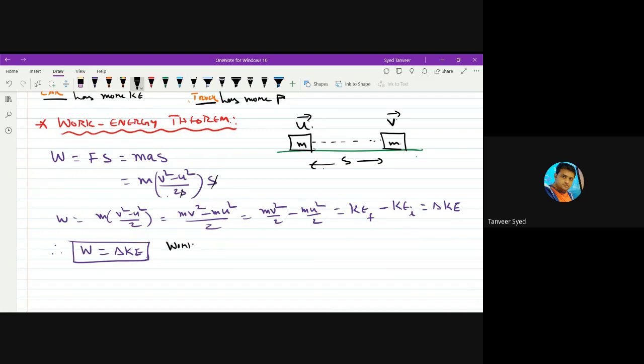Work done on a body is equal to change in its kinetic energy. Right? Simple thing.